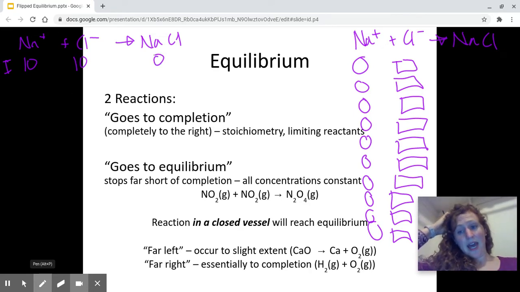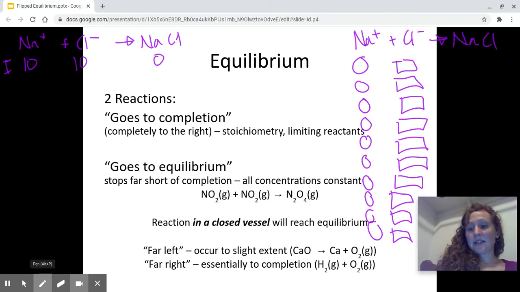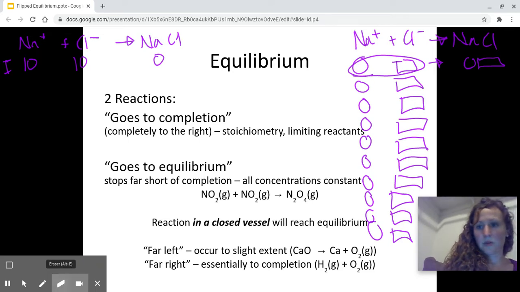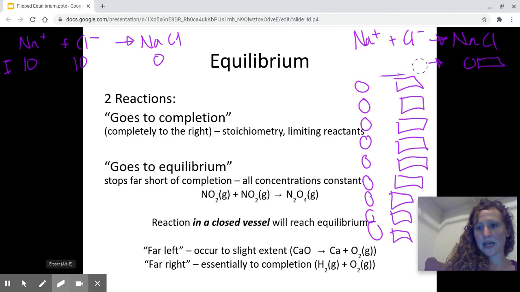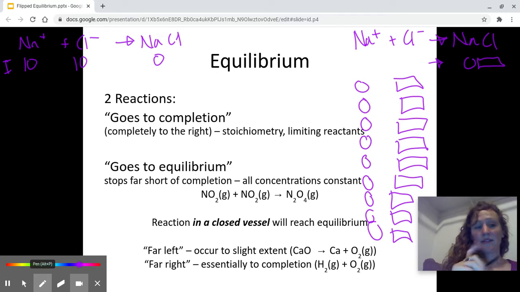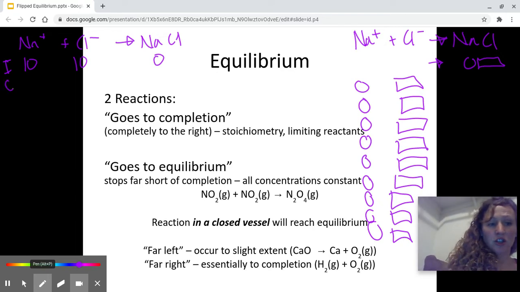Okay, now as these things combine and react, they are going to turn into products, right? So the reactants are no longer present because now they're present as products. Okay, so let's say one of each reactant reacts.